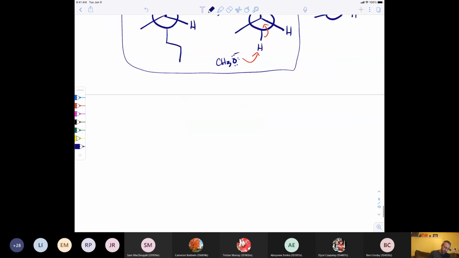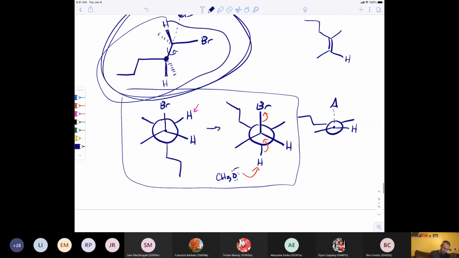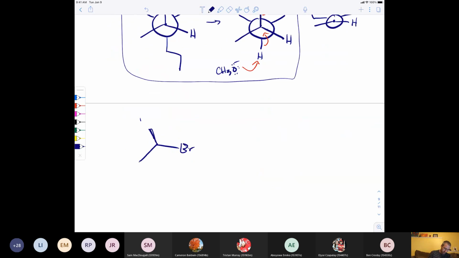So if you drew the same molecule, but your vantage was that, then the one that's coming towards you, the hydrogen's on your left. So it could be left or it could be right. It depends on your vantage point, and you can select whatever vantage point you like. Doing these might be a lot easier if you have a model kit and you make the molecule too and try it out.